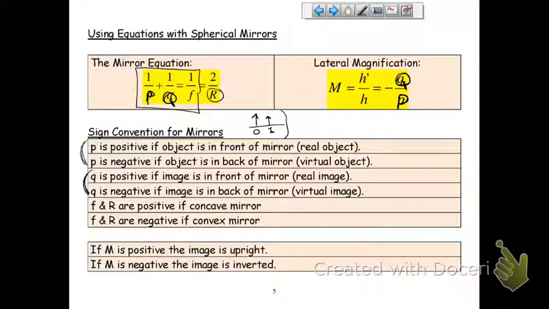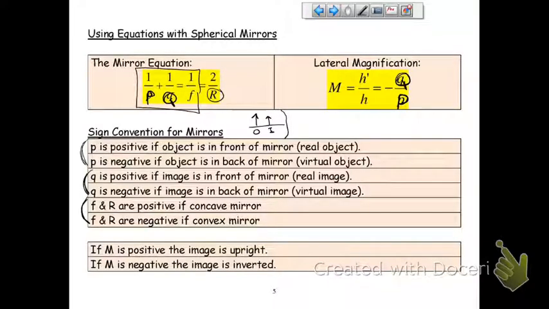And then what about F and R? F is the focal length distance, and R is the center of curvature distance. Again, look at your diagram. If they are in front of the mirror, they are positive. If they are behind the mirror, they are negative. Now, what does that mean? That means if it's a concave mirror, they're positive.